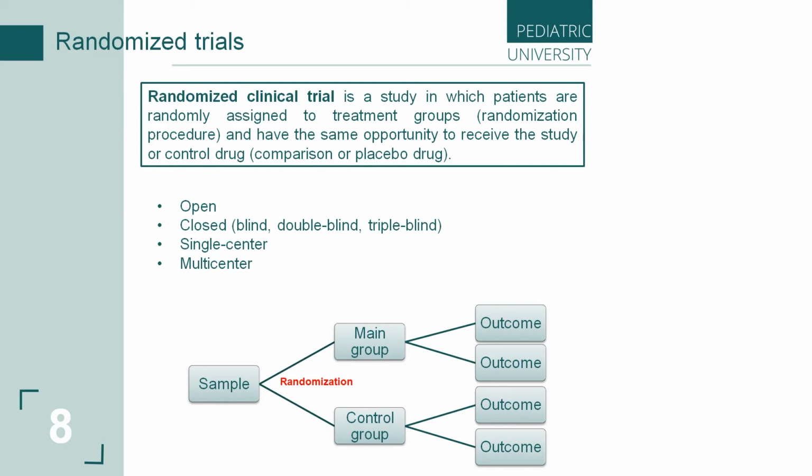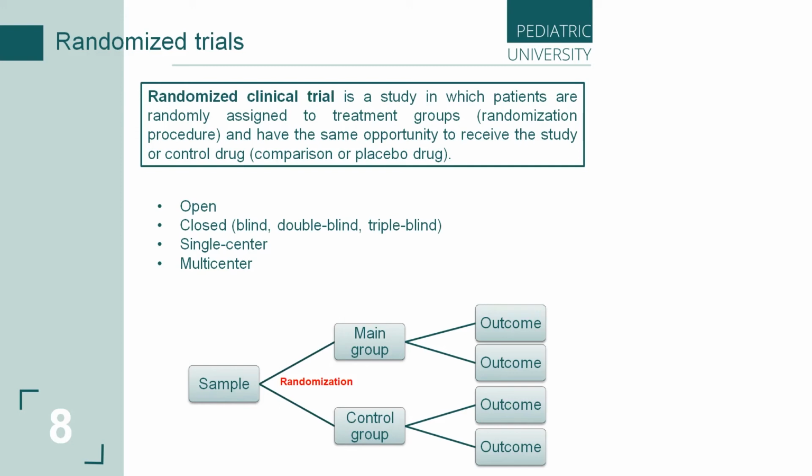How can this be done? The easiest way, for example, is to select even-numbered patients into one group and odd-numbered patients into another group. First patient one group, second patient second group, third patient one group, the fourth patient second group, and so on.